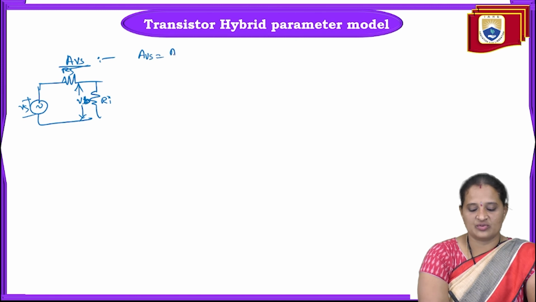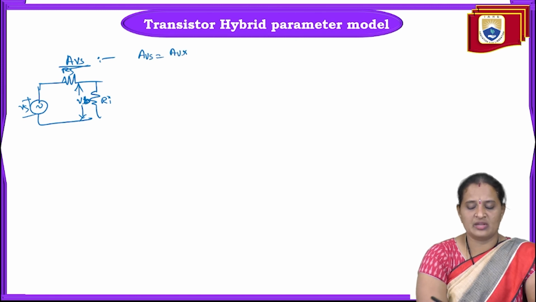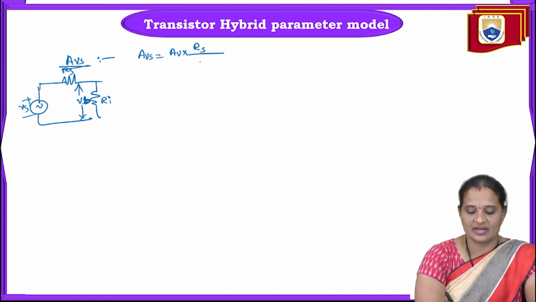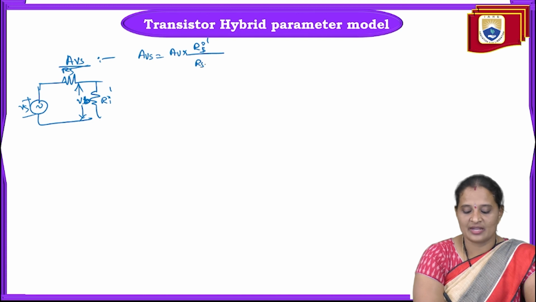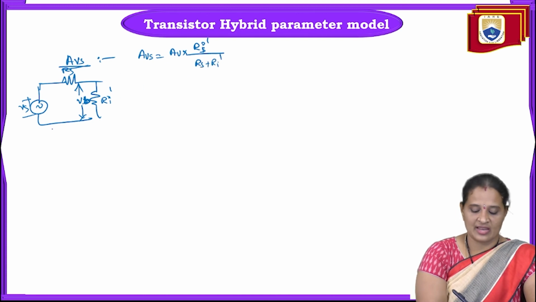So AVS is equal to AV into, similar to the previous problem, AV into RI dash divided by RS plus RA dash. So just substitute all the values, calculate.